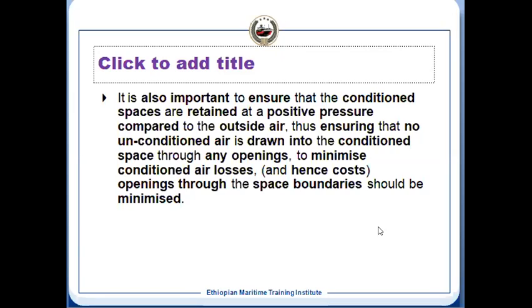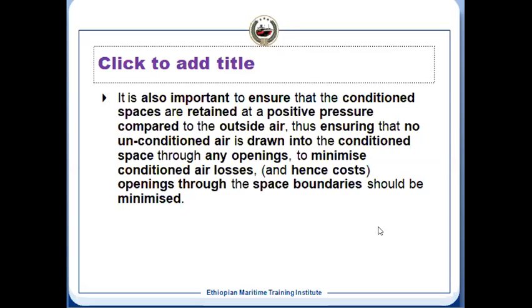And not only that, suppose you are supplying cold air in the conditioned space. There will be human activities. The human being will run a computer, laptop, or some other equipment, and that will generate heat. It means to maintain the conditioned air at the same temperature and humidity level, the air temperature supplied to the cabin has to be slightly more in the case of heating, and slightly less in the case of cooling.